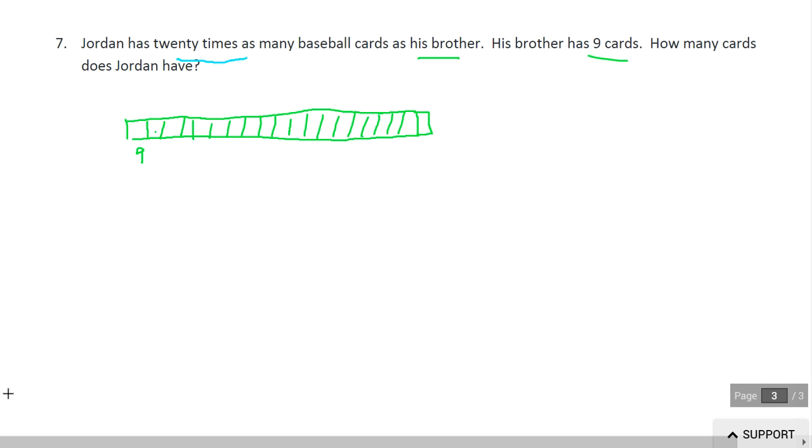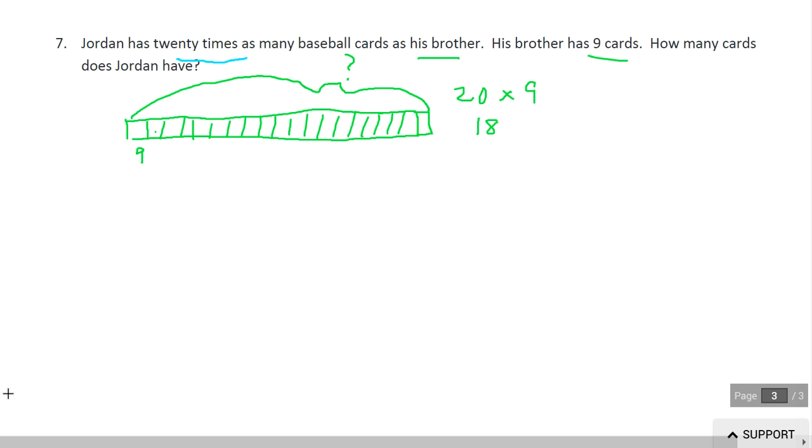So it's got 20 times as much, so 20 times 9. What we're looking for here is how many cards this is. That's 20 times 9, or 9 times 20. 2 tens times 9 is 18 tens.